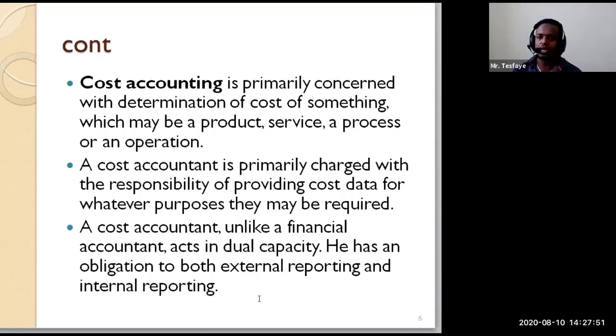The only internal user is the top level management, because the top level management is responsible for day-to-day operation of the organization. So for this management team and also for external users, cost accountant will provide information.